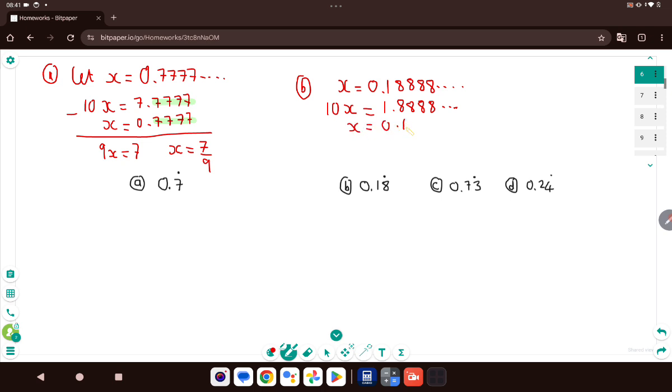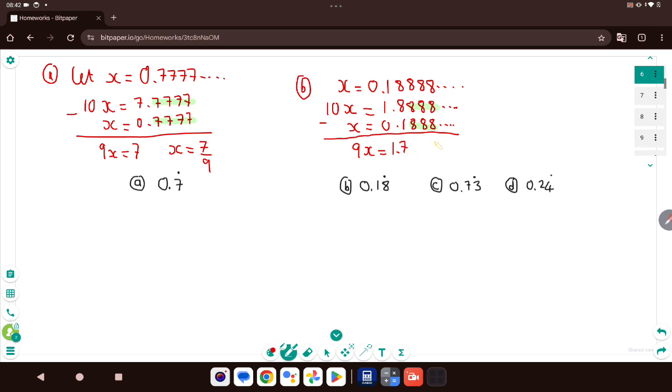Right, you've got to be careful here. I don't know if you spotted this when you were doing them yourself. 8 take away 8 is 0, so it's just these that disappear, right? So now we actually have 10x take away 1x is 9x. 1.8 take away 0.1 is 1.7.